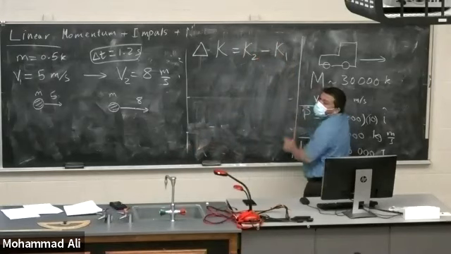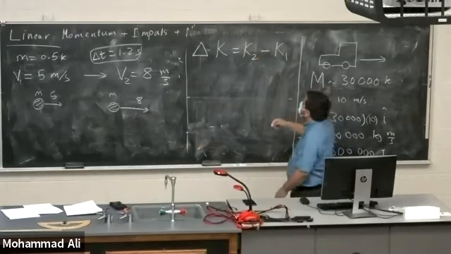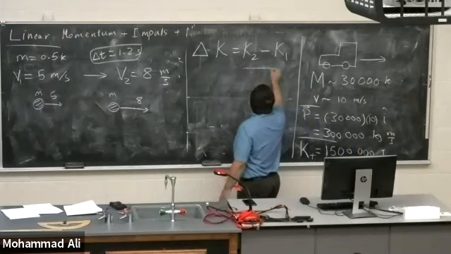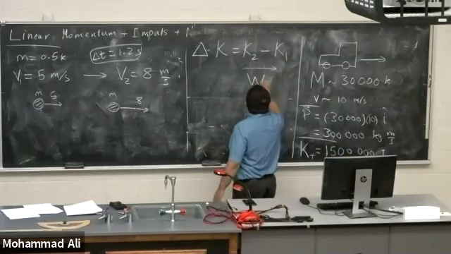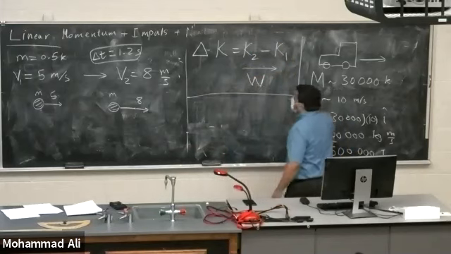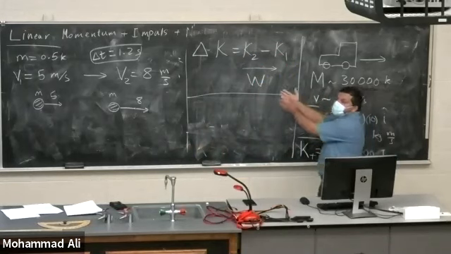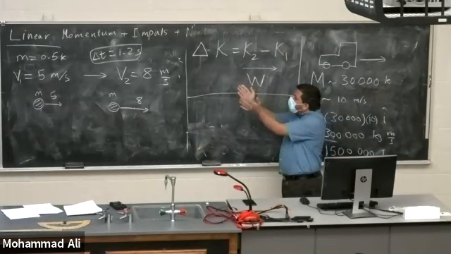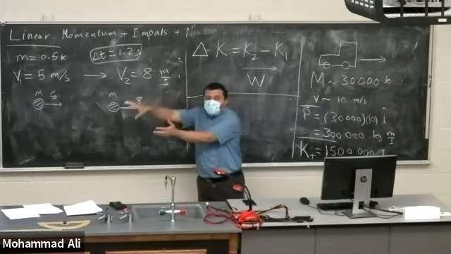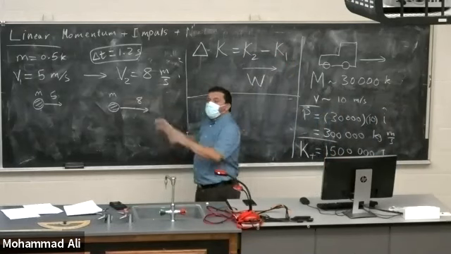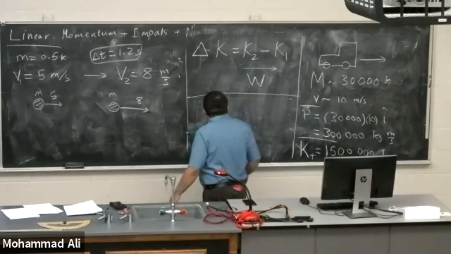What is this quantity equal to? Simply, it is the work. Remember that from yesterday or the day before? The work is an energy that converts the system from one state to another state.